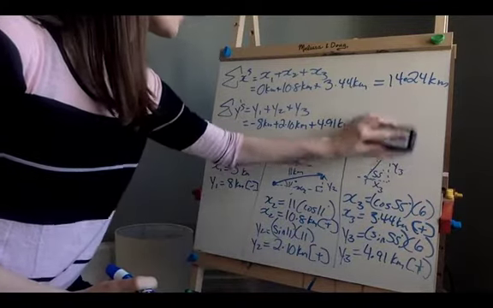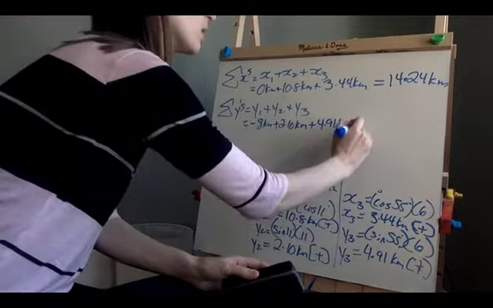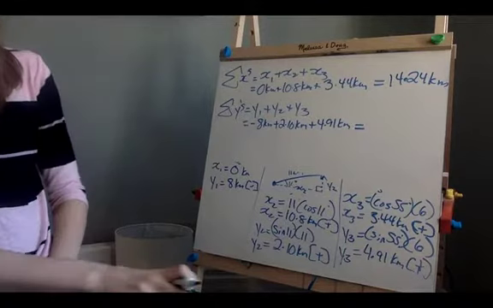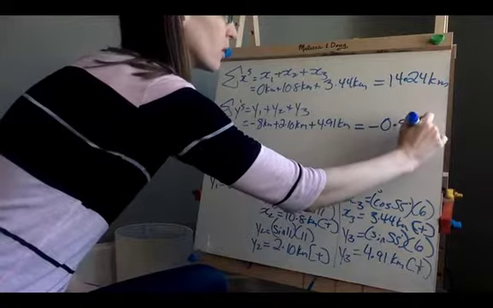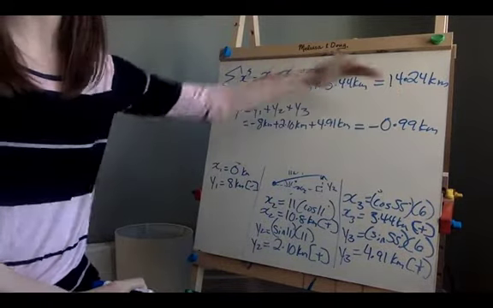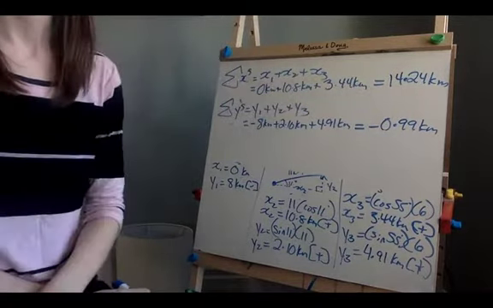So if we add all those together, then what we get is an overall y distance of negative 0.99 kilometers. Okay, so overall, we've gone 14.24 kilometers to the east and 0.99 kilometers south.